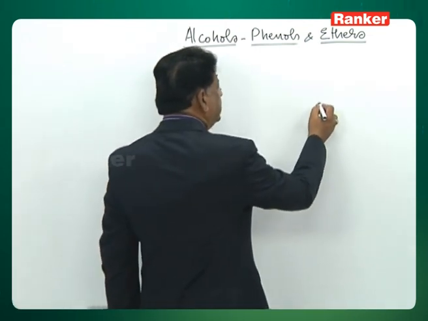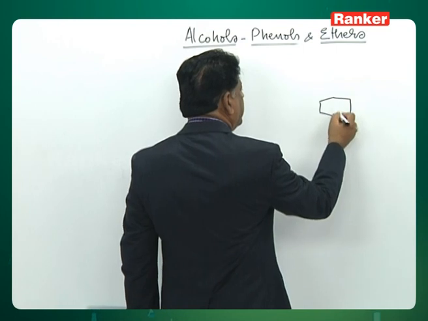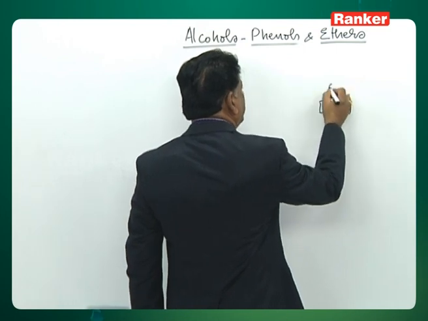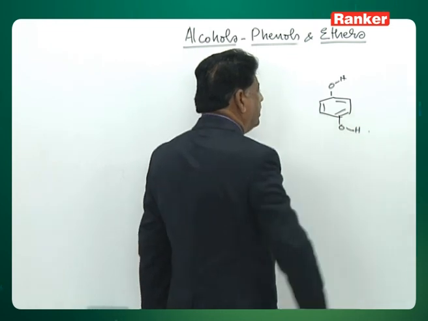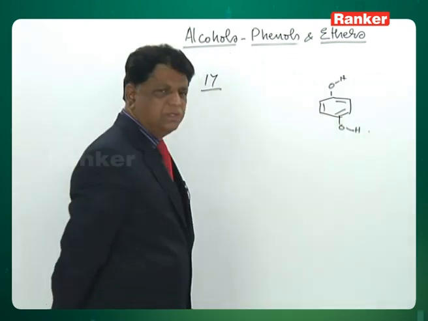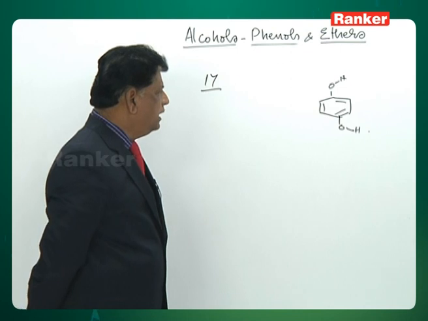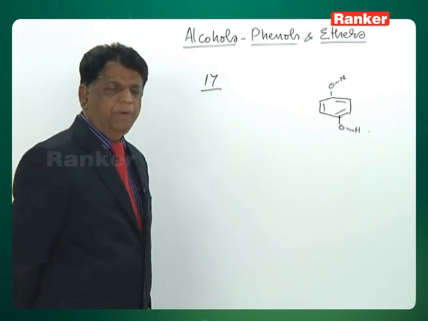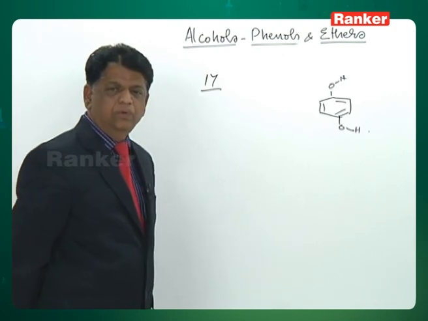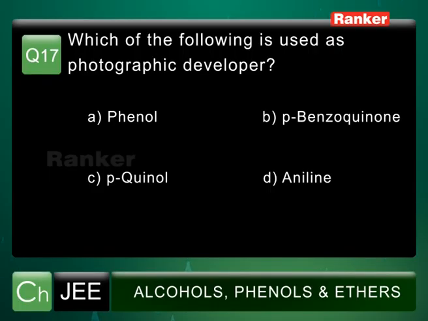A quinol is nothing but the reduced form of benzoquinone. This is called the quinol. The quinol undergoes change to become quinone, and then in the photography reaction it is used. So paraquinol is the one which is used as a photographic developer. So the answer goes to C therefore.